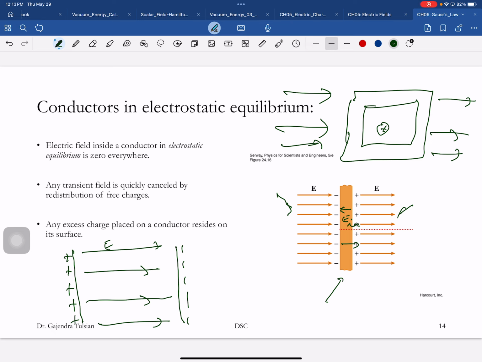And how is that different from acting as an insulator? Oh, if this was a wooden box, this field would go right through, because the wood box doesn't have free charges to induce a canceling electric field.